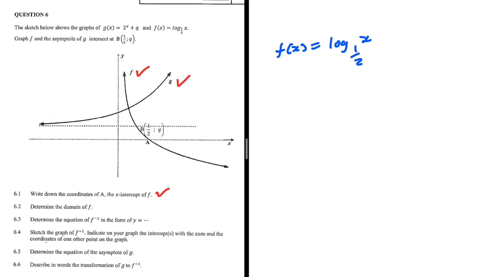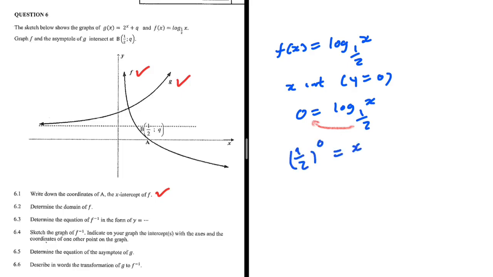We know fully well that for the x-intercept, we just need to let y be equal to 0. We're going to get 0 is equal to log of x, and the base is a half. If we apply one of the log laws, then one half to the power 0 should be equal to x. The base just goes and carries the 0.